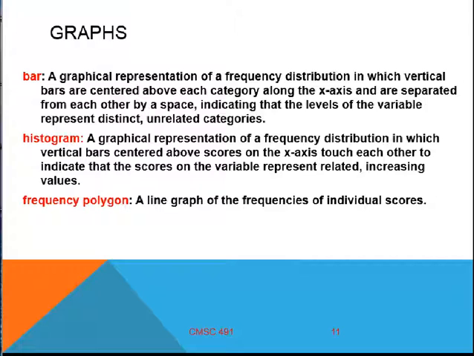Unlike a bar graph, a histogram has no natural separation between the rectangles of adjacent classes because it is a continuum of values along the horizontal axis.